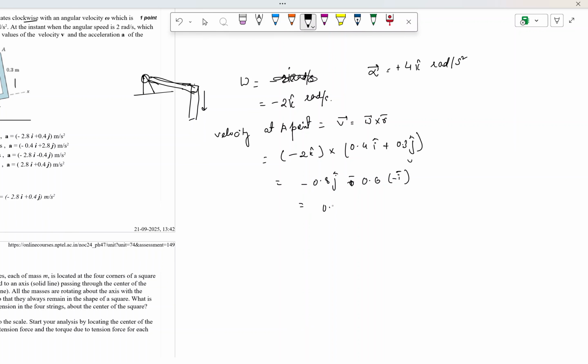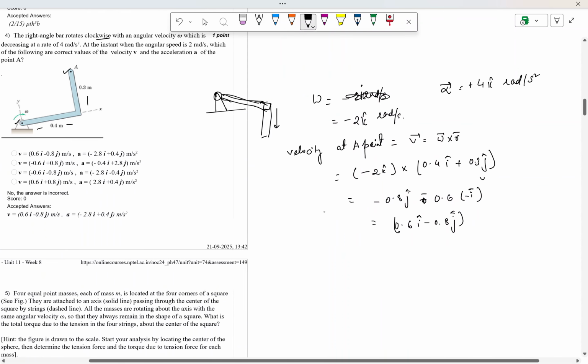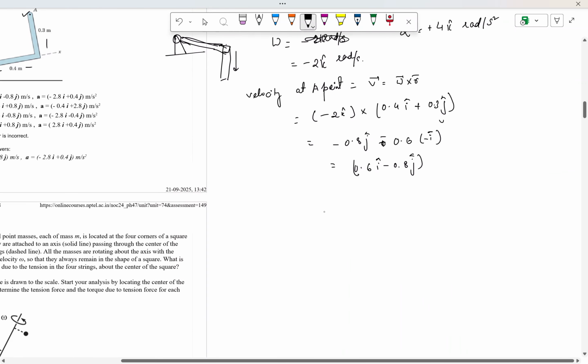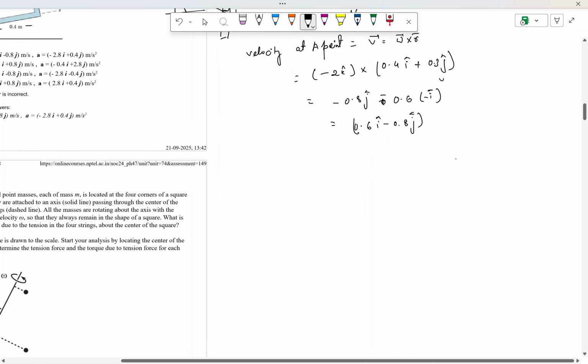So we are getting 0.6 i cap minus 0.8 j cap. So this is velocity, so this will be meter per second.